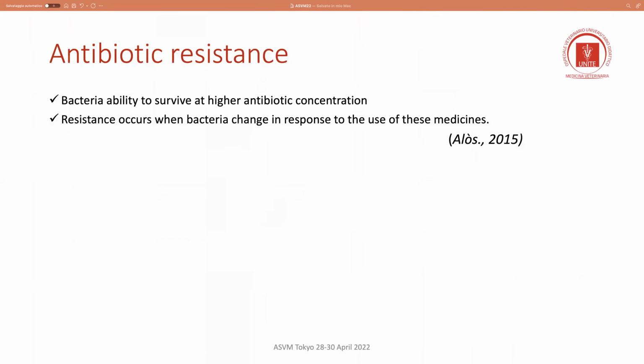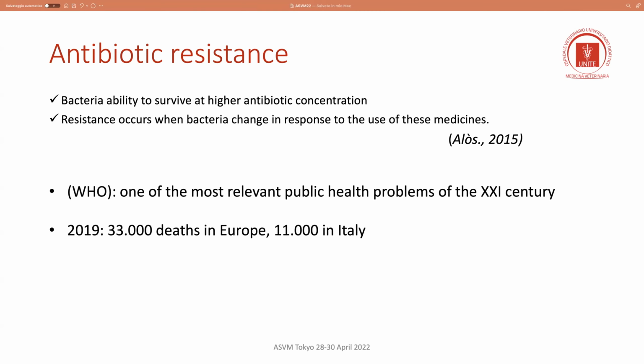We know that antibiotic resistance is the bacteria's ability to survive at higher antibiotic concentration, and it occurs when bacteria change in response to the use of this medicine. According to the World Health Organization, antibiotic resistance is one of the most relevant public health problems of our period, involving humans and animals as well.